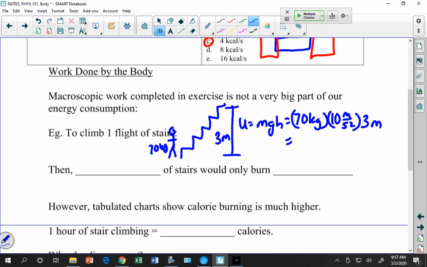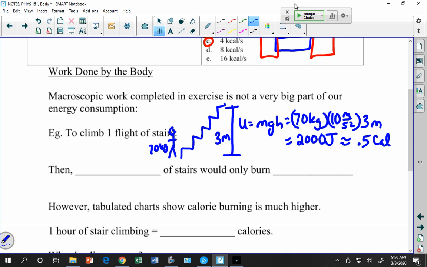So that's what, 700 times 3 is about 2,000 joules. But 2,000 joules is approximately equal to about a half of a food calorie. So about a half a calorie is 2,000 joules to move up one flight of stairs.